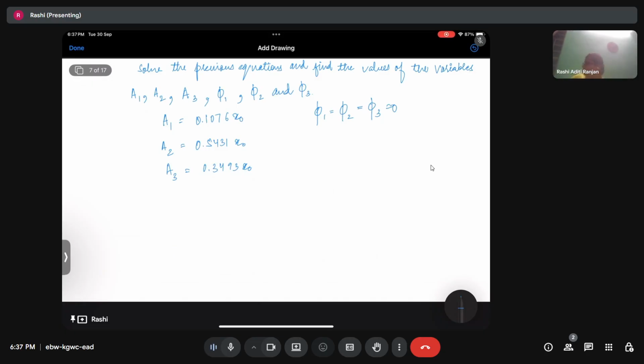So these are the values that we are going to get. And now we can write the general solution, right? Now we have a1, a2, a3, and phi 1, phi 2, phi 3.